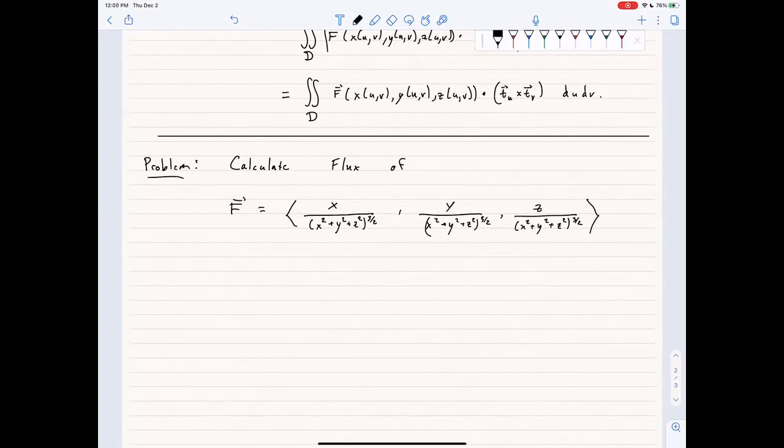We're going to calculate the flux of this through the upper hemisphere, which I'll write as H for hemisphere of radius r, oriented outwardly. So outward orientation means that it's pointing away from the origin.